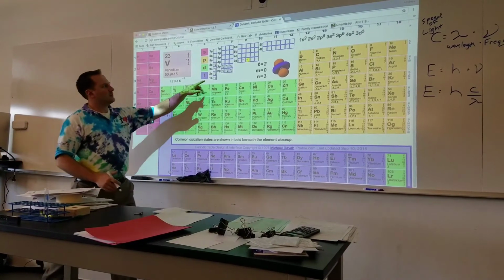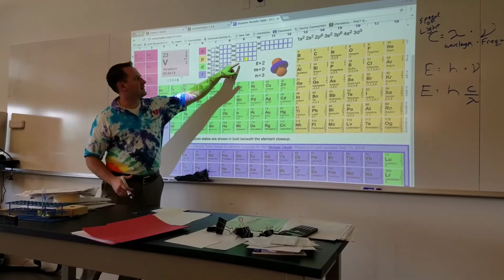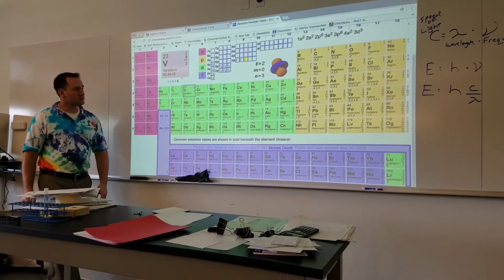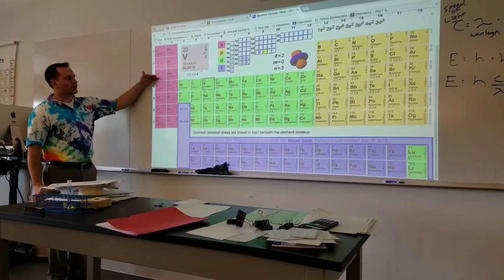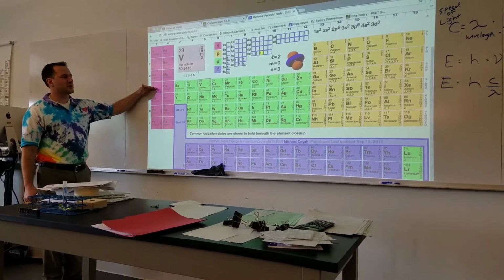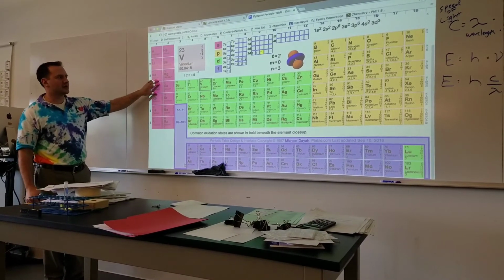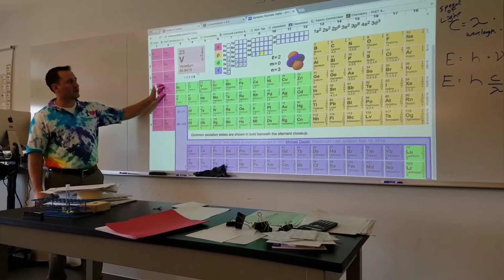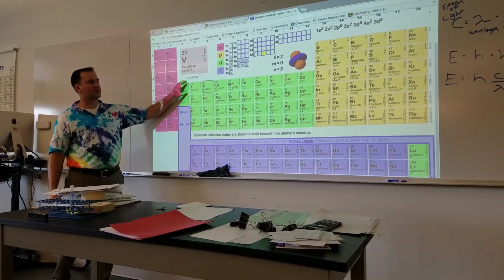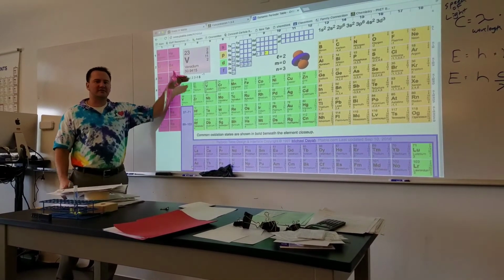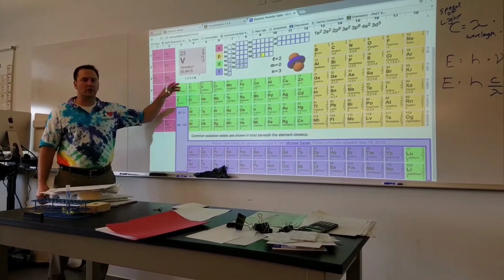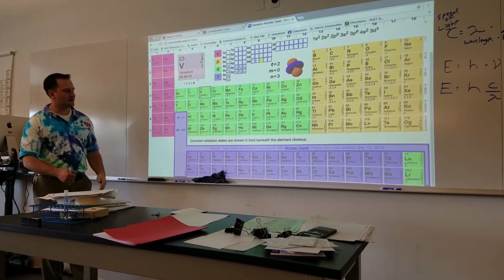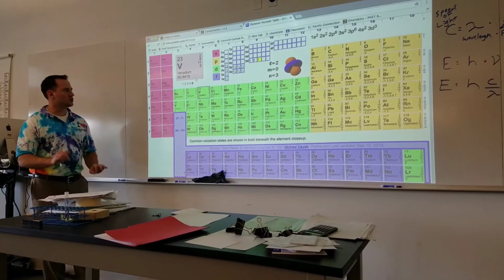So the p has more potential energy than the s, and the d has more potential energy than the p. Because of that, the third energy level's d subshell actually overlaps with the 4th energy level's s subshell. So the 4th energy level s fills up before the 3d. If you can just remember that the d subshell is always 1 energy level lower than it should be, and that the f is offset by 2, you should be good.